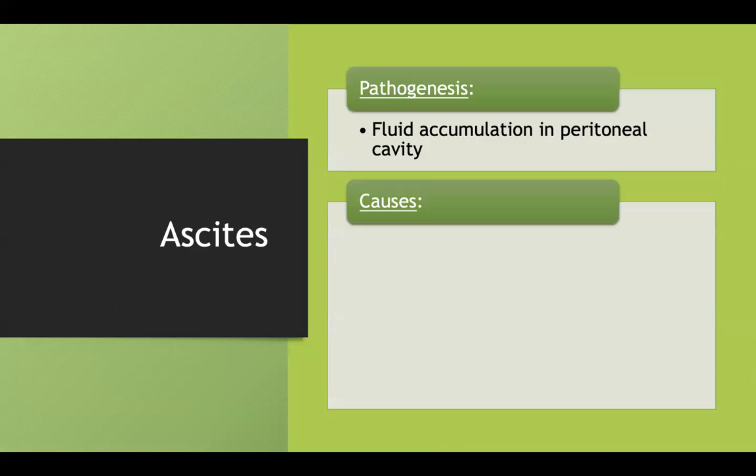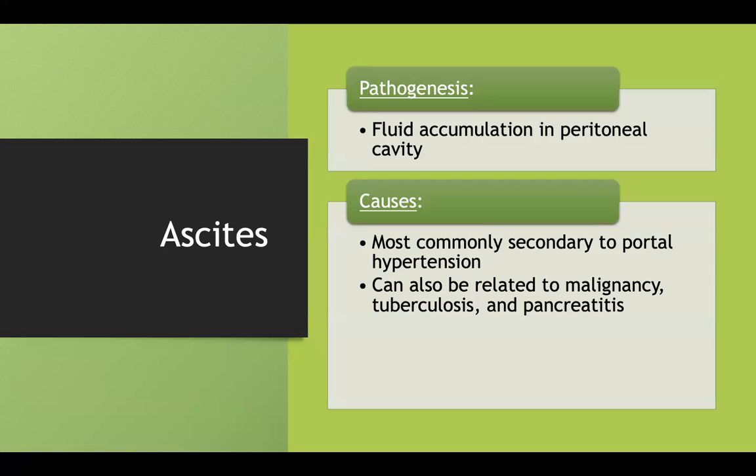This can be caused by a few different things. The most likely being portal hypertension. So most of the time, if you see ascites, it's portal hypertension. However, it can still be related to some pretty dangerous things. It can be related to malignancies, tuberculosis, and pancreatitis, among other things.